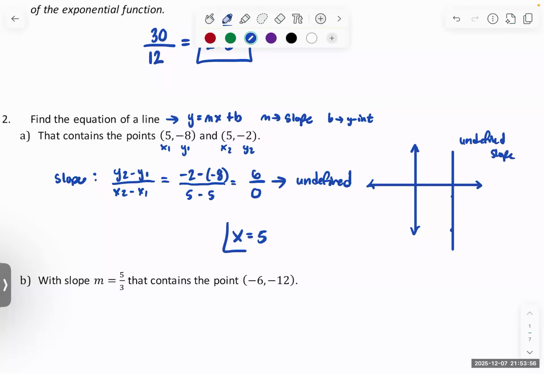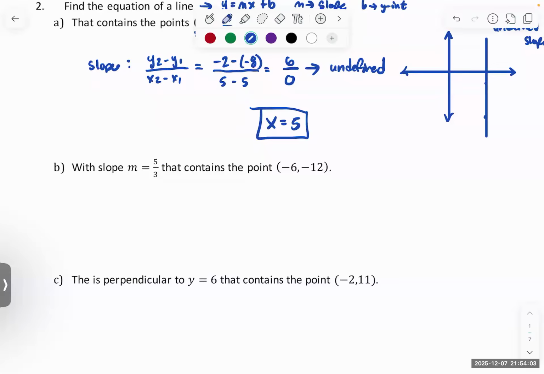All right, for the next one. Find the equation of a line with slope 5 over 3 that contains that point. So we have y equals 5 over 3x plus b, but we need to find the y-intercept. And in order to do that, just plug in your coordinate. -12 equals 5 over 3 times -6 plus b.